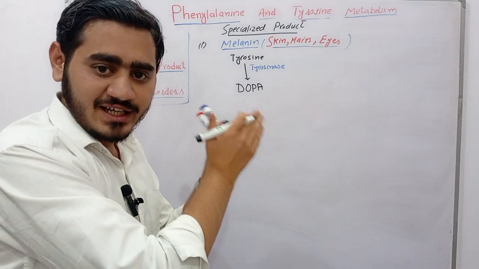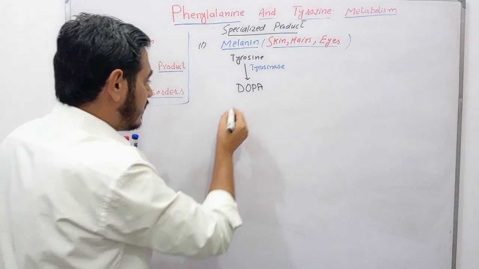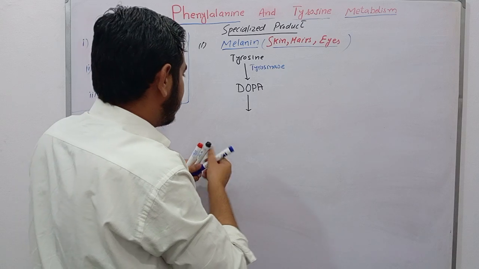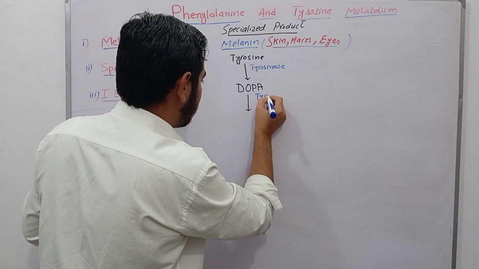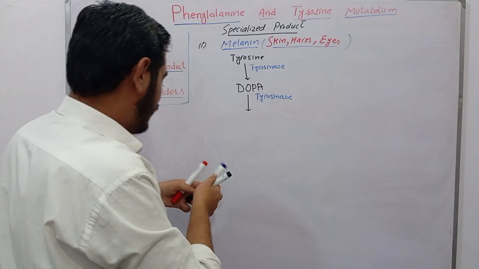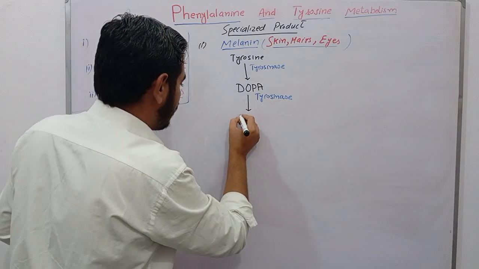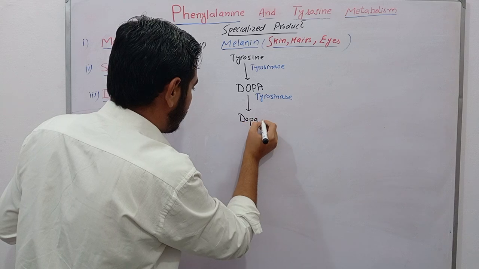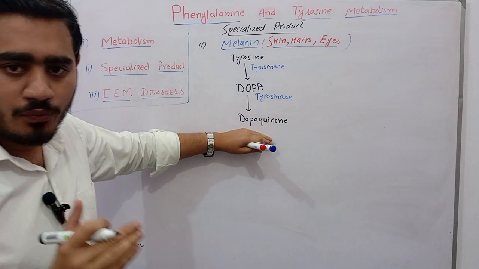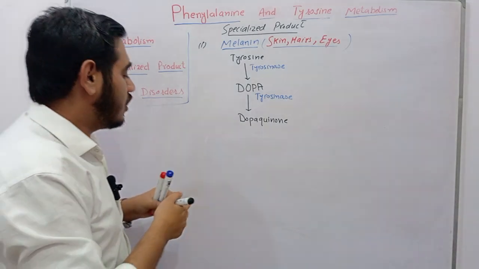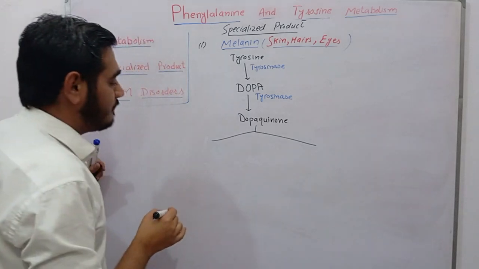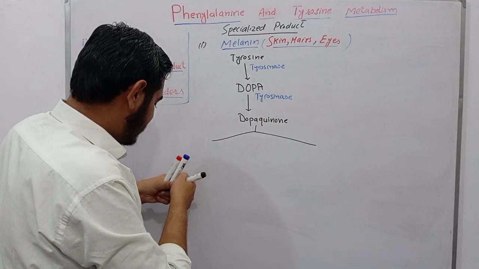In the next reaction, again by action of this tyrosinase enzyme, it leads to product formation, that is dopaquinone. Now this dopaquinone undergoes two main pathways through spontaneous reaction.